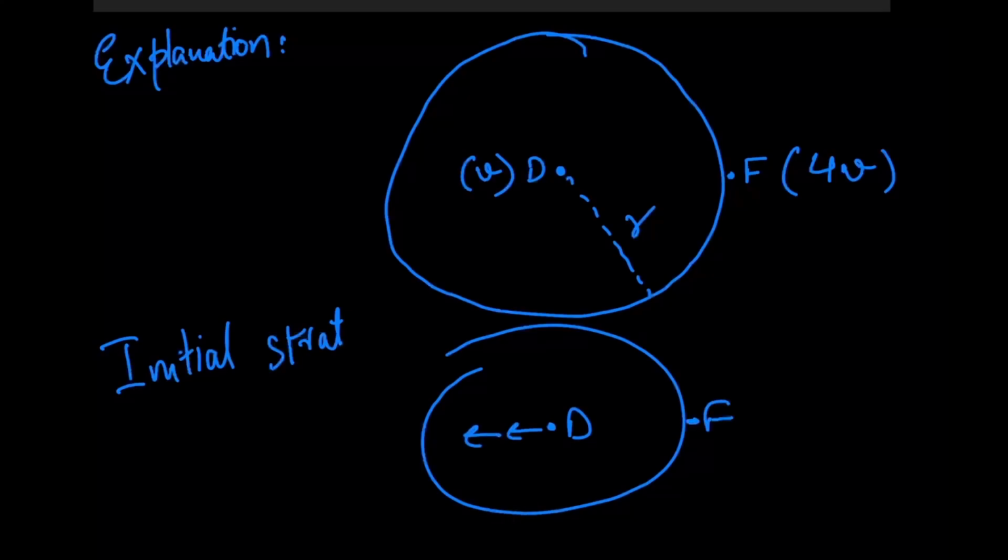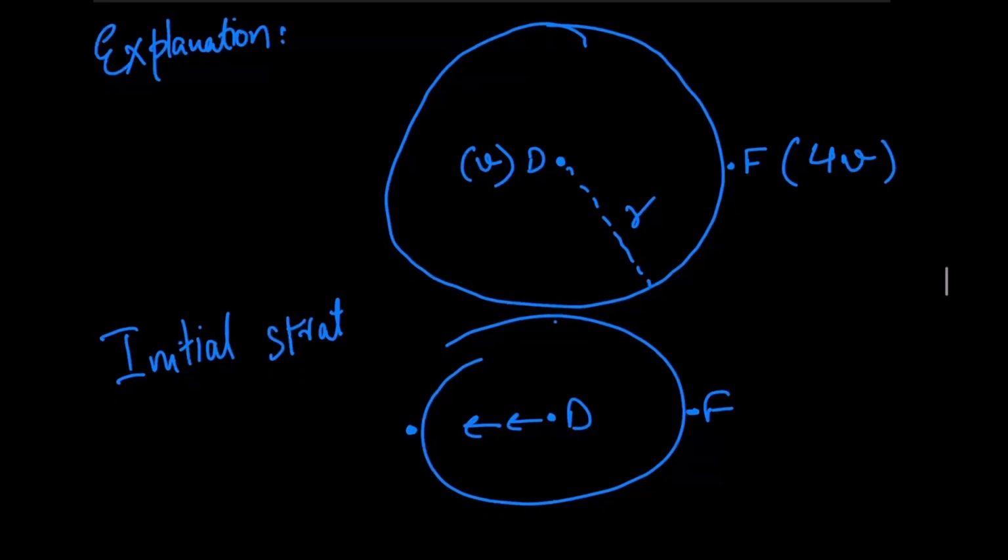Because this point is the furthest away from the fox currently, and each point on the circumference would take the exact same amount of time for the duck. So it's best to go to the point that's the farthest from the fox, because that way the fox will take the maximum amount of time.